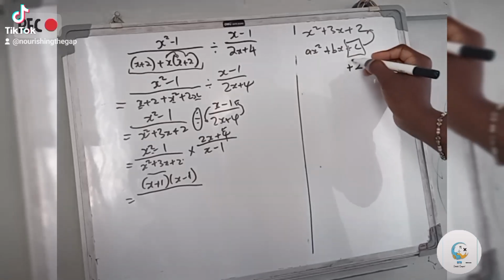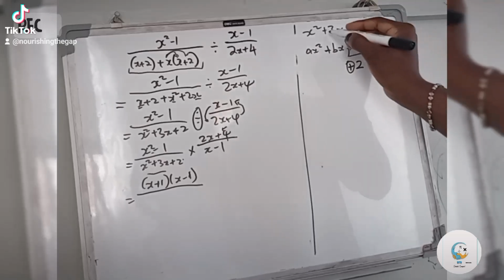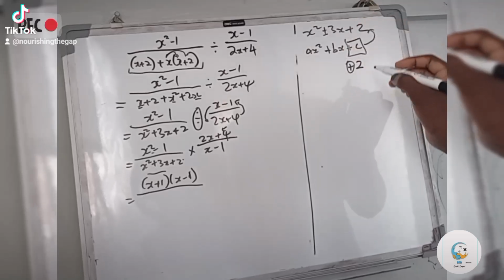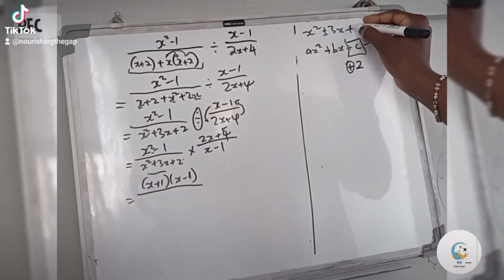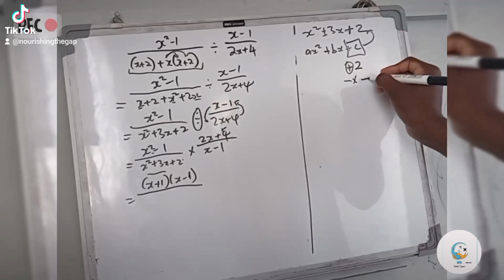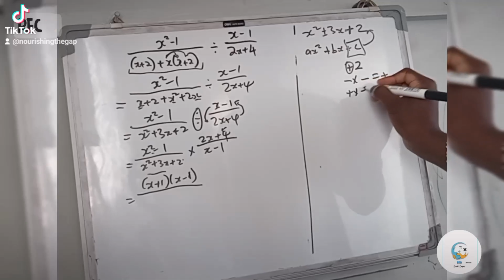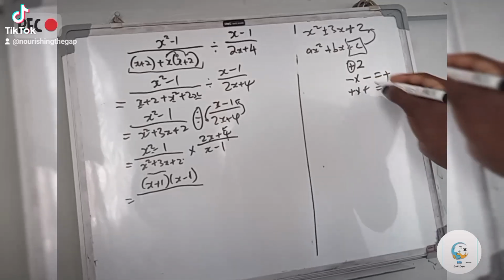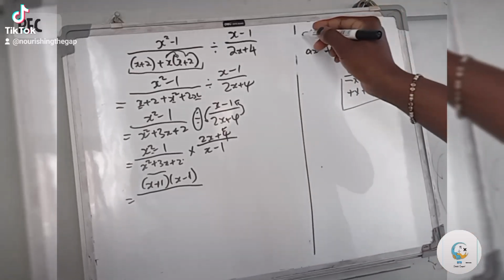You look into the sign of the integers, and what we have here is positive. What can we multiply so that it is positive? Negative multiplied by negative is positive, and positive multiplied by positive is positive. These are the two integer possibilities for us to factorize this one.